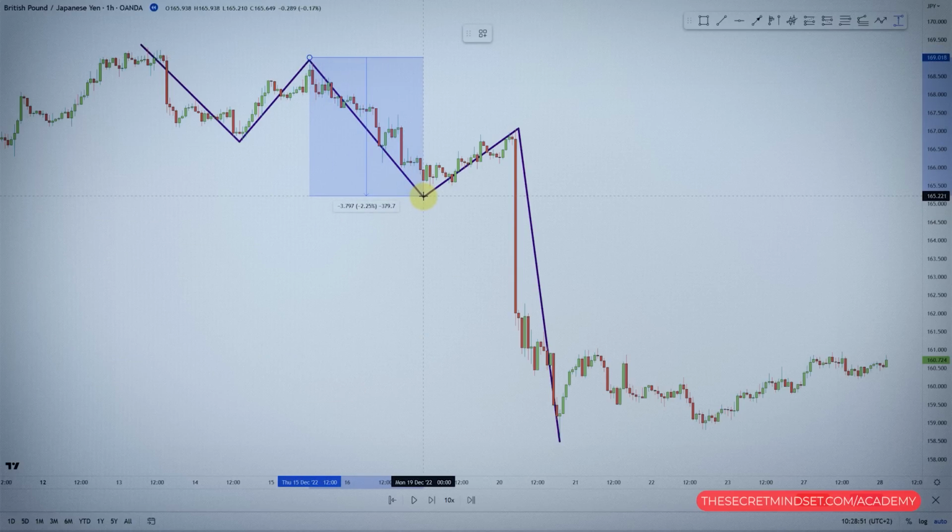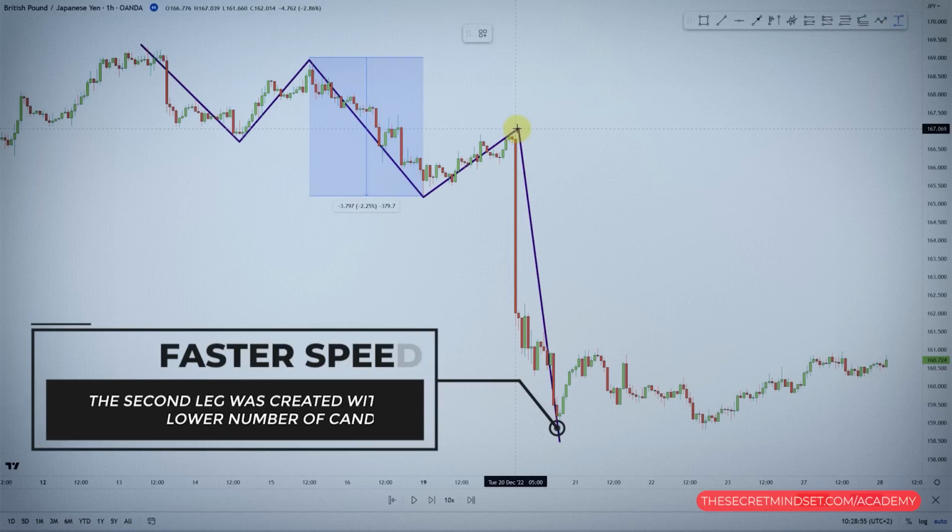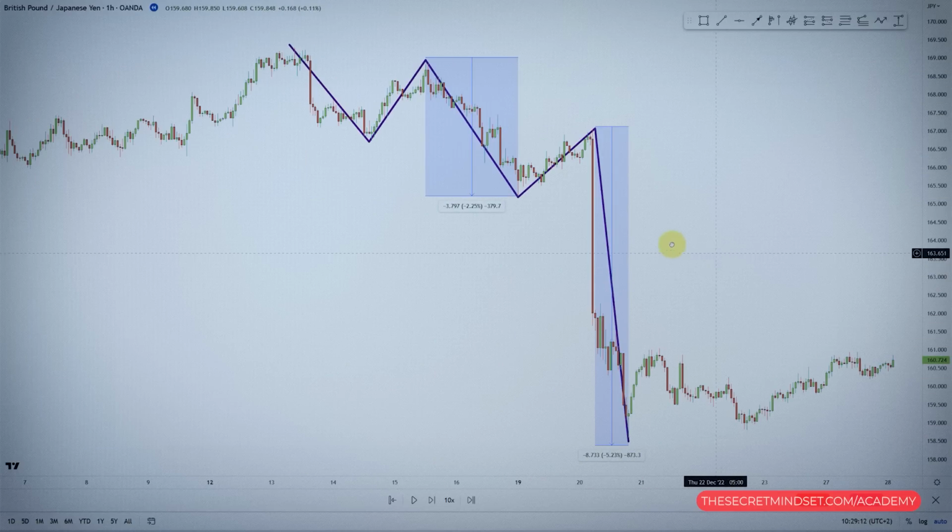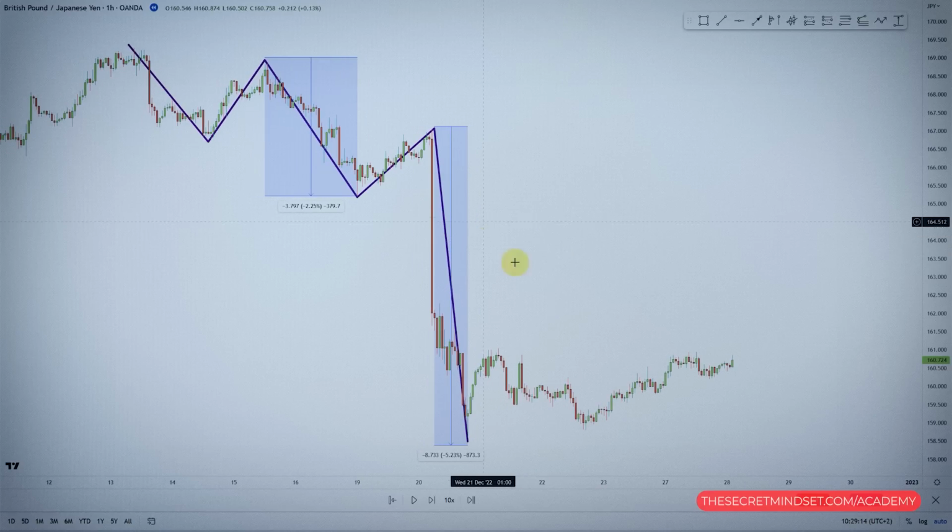A good rule of thumb is to count the approximate number of candles it took to achieve a new leg. In this case, you can see that the second leg was created with a lower number of candles. This means faster speed. This is the simplest way of analyzing a market. The big advantage in analyzing market structure this way is the fact that you keep your charts clean and uncluttered.